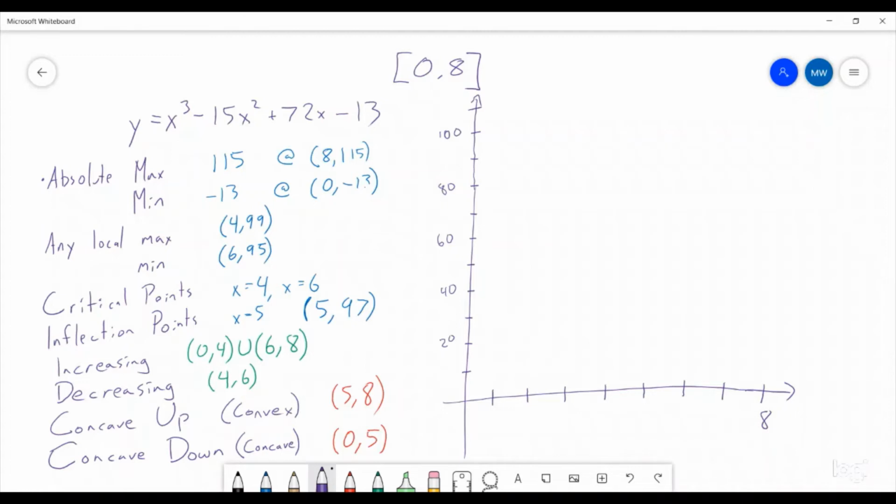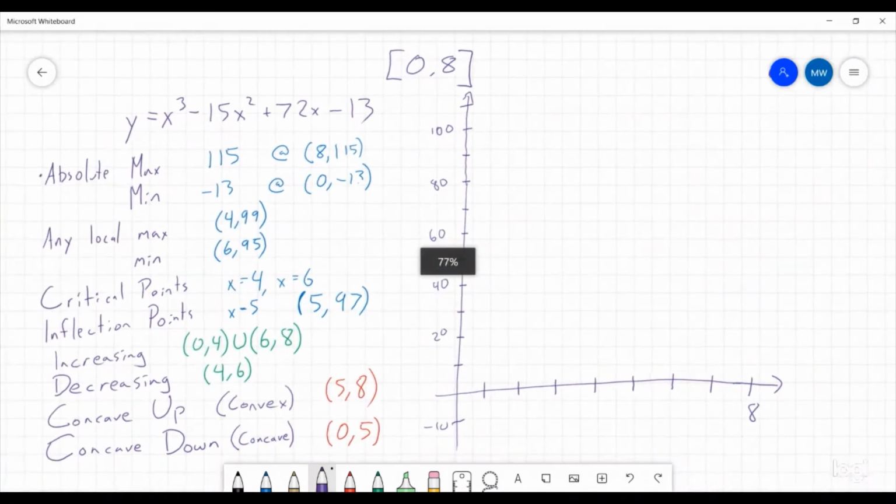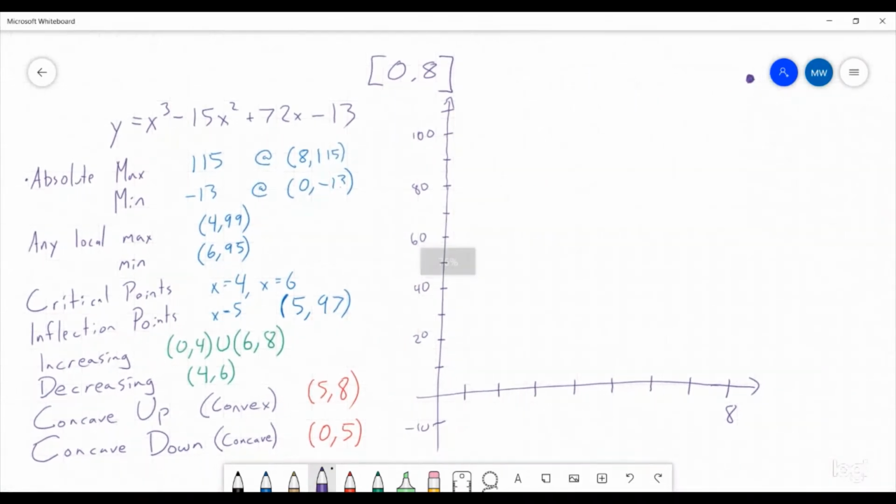Okay, so at 8, up here at 100, and then minus 10. So up here at 8, it's at 115. There's one endpoint.